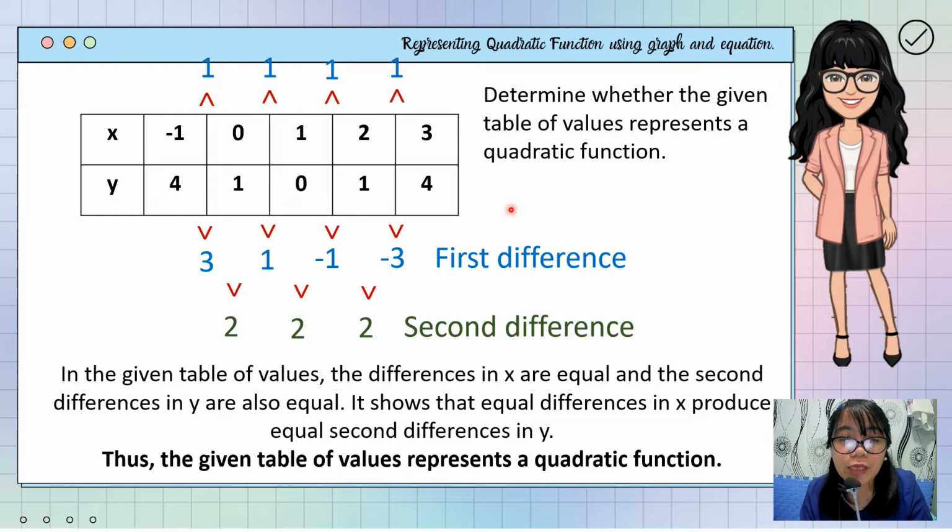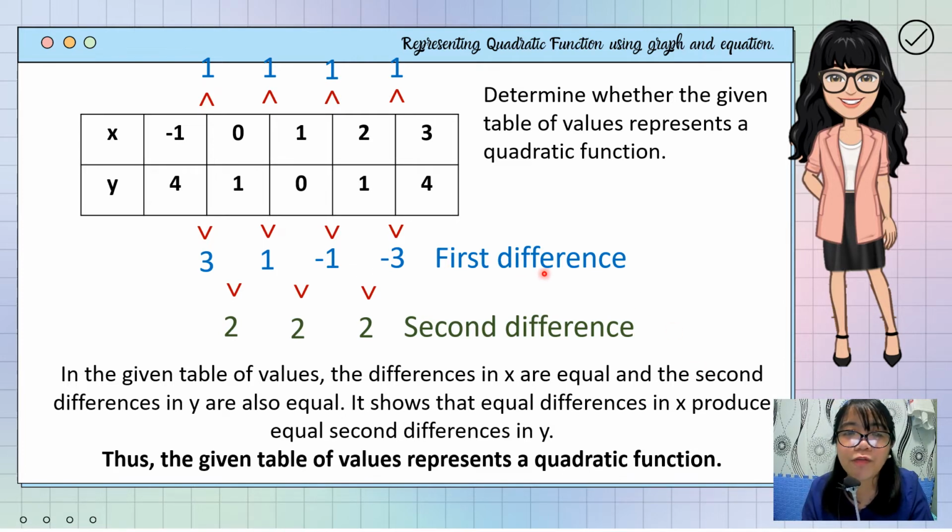So in the given table of values, the differences in x are equal: 1, 1, 1, 1. And the second differences in y are also equal: 2, 2, 2. It shows that equal differences in x produce equal second differences in y. Thus, the given table of values represents a quadratic function.